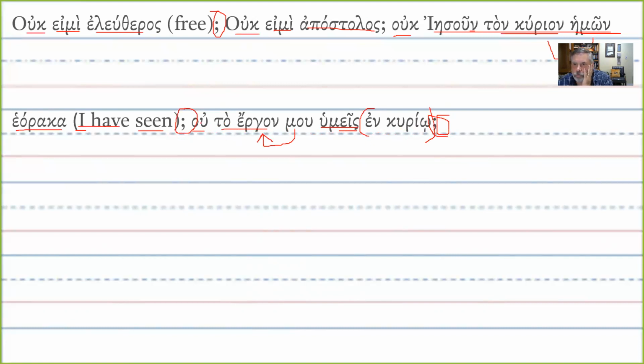Let's see, not, let's see, so you, not work, let's see, in the Lord. Got to make it into a question, and it would be accusative, so that's going to be, if I'm writing it out, it makes it easier when I start writing it rather than doing it in my head.